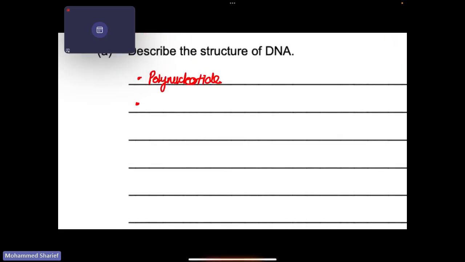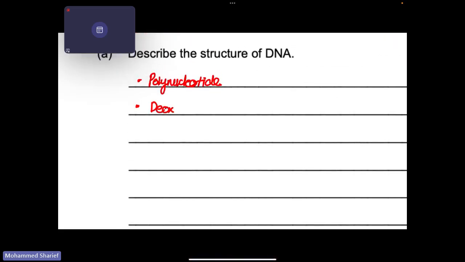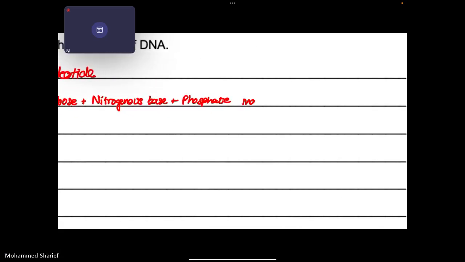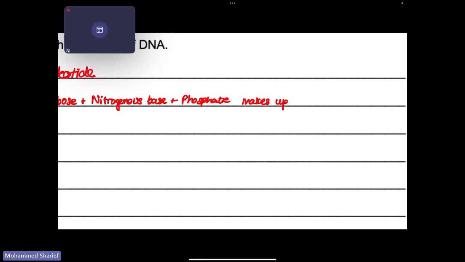So we've got deoxyribose plus nitrogenous base plus phosphate makes up each nucleotide.